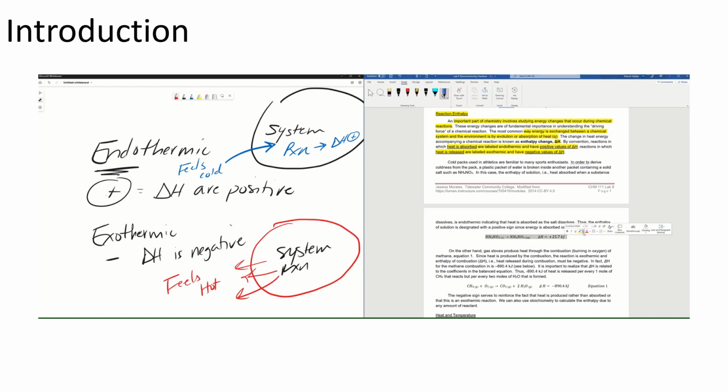That water dissolves the ammonium nitrate, and that dissolution, that separation of the cation and anion, requires energy. So that reaction, the dissolution, is the system, and it's pulling energy or heat from the surroundings, which is why the surroundings then feel cold. And we know this is endothermic because it has a positive change in enthalpy.